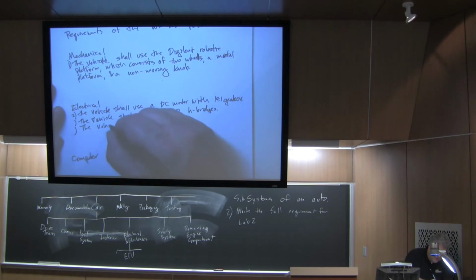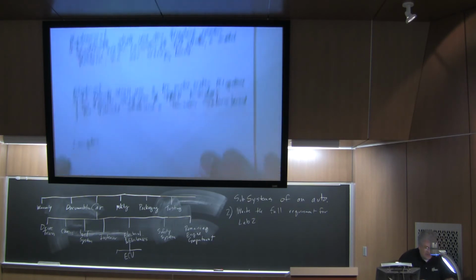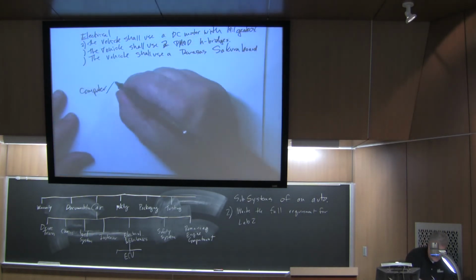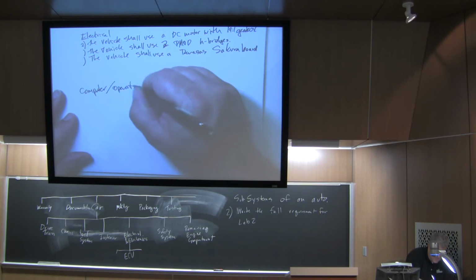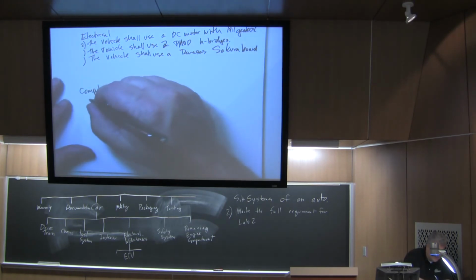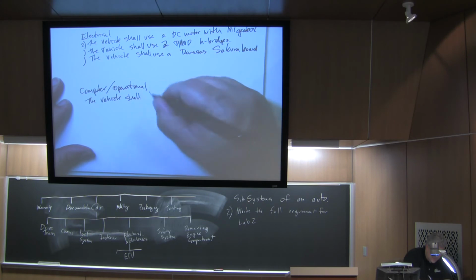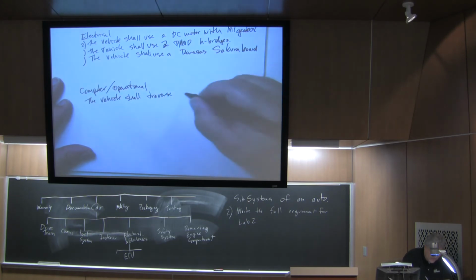The vehicle shall use a Renaissance Sakura board. By the way, I said computer, operational. So one of the things we identified was the vehicle shall traverse a 1 meter by 1 meter square.